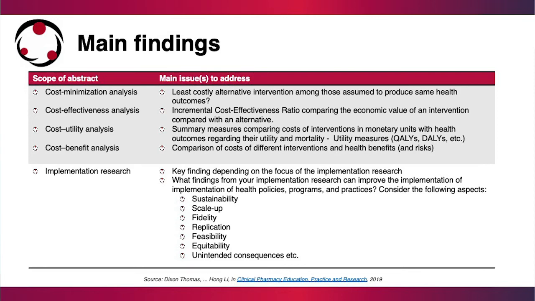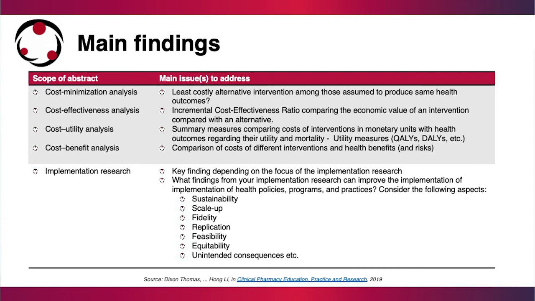For example, cost minimization analysis focuses on the least costly alternative intervention among those assumed to produce the same health outcomes. Cost effectiveness analysis is developed around an incremental cost effectiveness ratio, comparing the economic value of an intervention compared with an alternative.